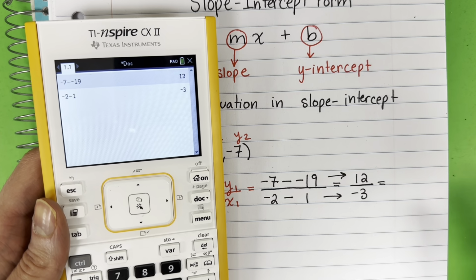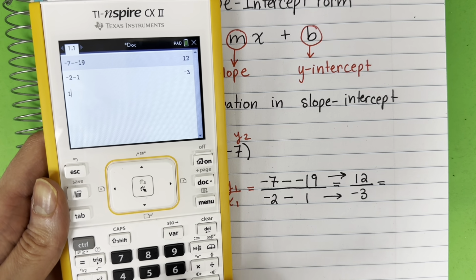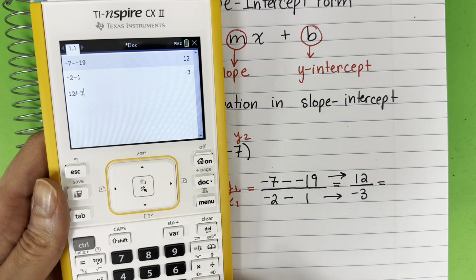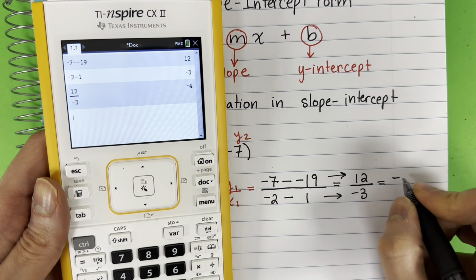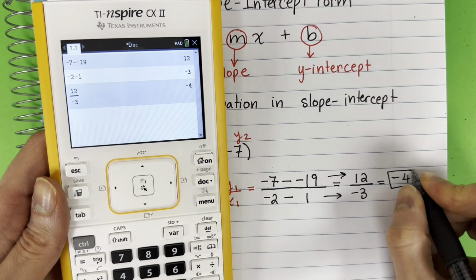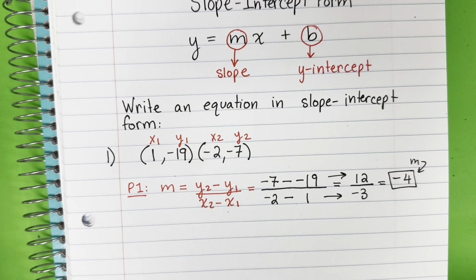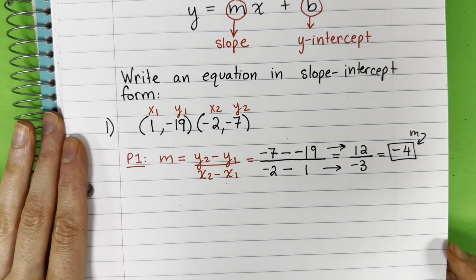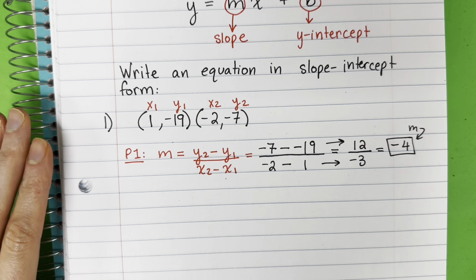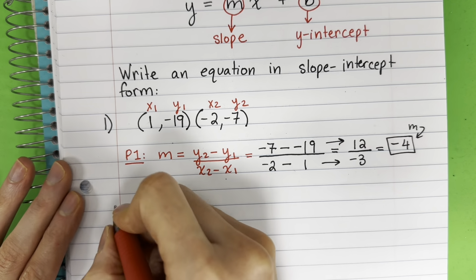Let's go ahead and put that in the calculator. 12 divided by -3, -4. This is my m, or my slope. I like to put an m there because when I was in high school, I totally forgot what that letter was at the end.